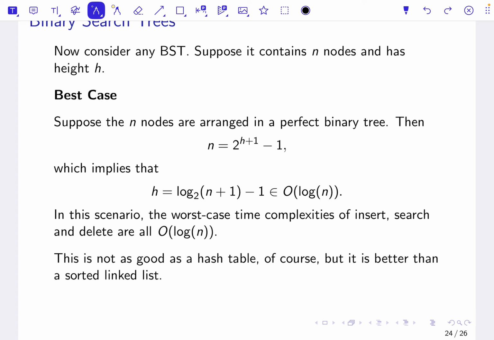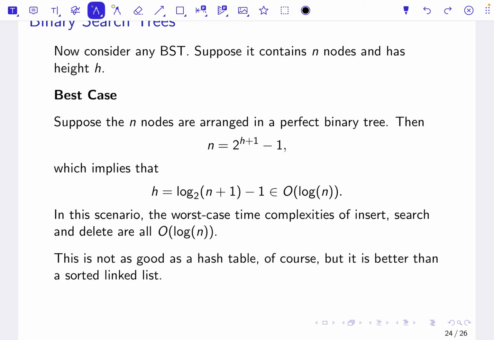This is in big O of log n. And of course, because big O notation isn't just this thing made up to torture second-year students, but an actual tool used to simplify things in discussions of computational complexity, this log base 2 of n plus 1 minus 1 thing simplifies to just log n. We don't care about the details.